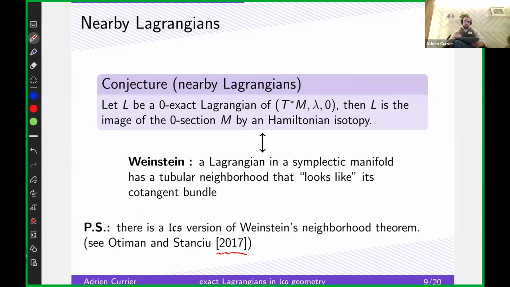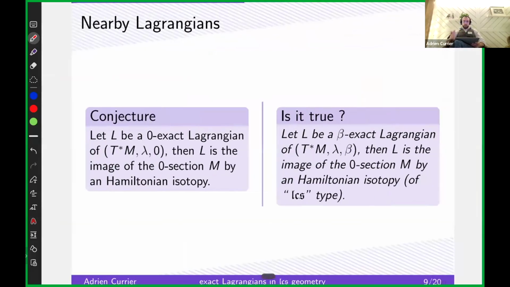So we have the Weinstein neighborhood theorem in LCS geometry, and this motivates us to start digging in the direction of the nearby Lagrangian conjecture in LCS geometry. So is it true that beta exact Lagrangians are going to be the image of the zero section by a Hamiltonian isotopy, well, of LCS type, but whatever? Maybe a bit of a spoiler, but this is going to be false.